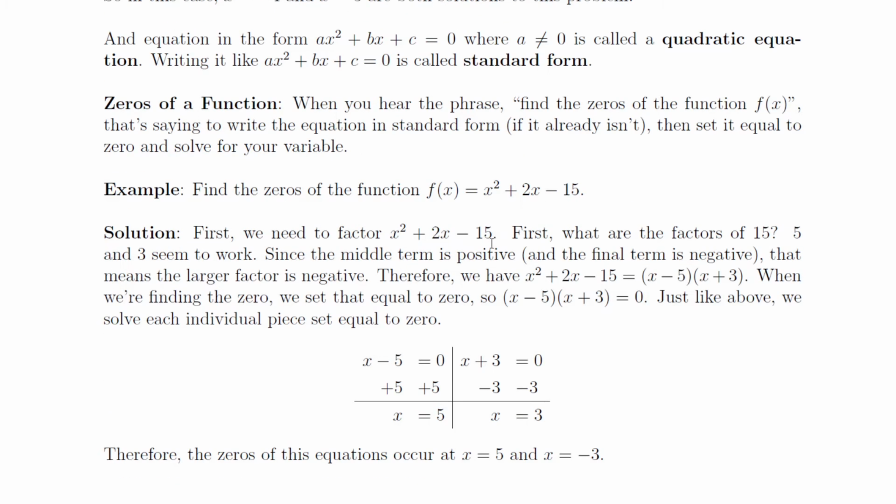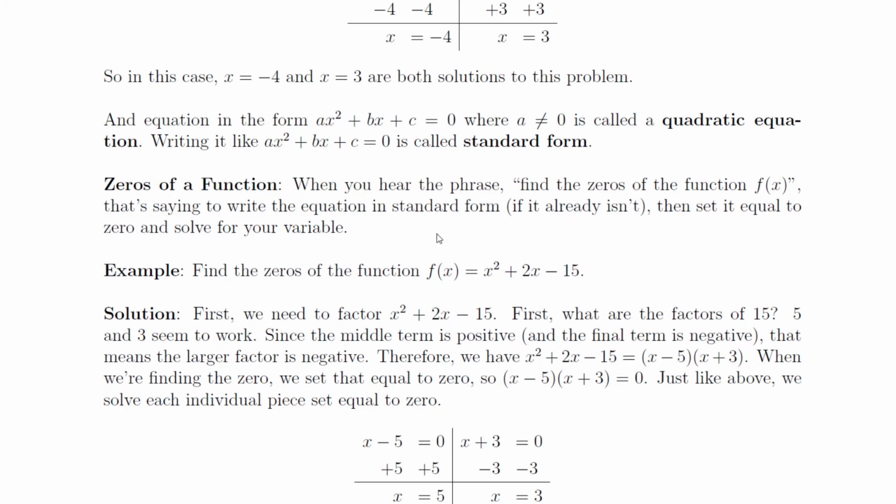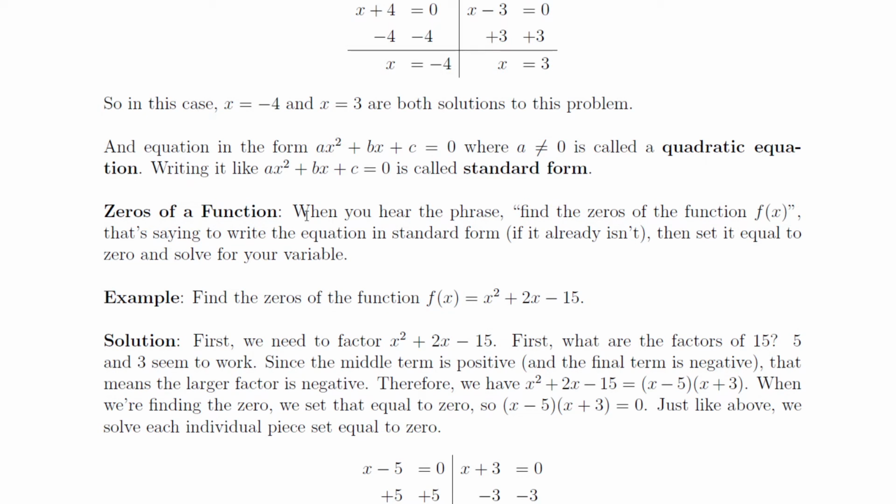Zeros of a function, I don't know, mathematicians aren't the most clever people in the world when it comes to just naming stuff. So when you hear a question, find the zeros of the function, it's literally saying write the equation in standard form, then set it equal to 0 and solve. It's very, very not complicated, I guess, is the way you can think of it.